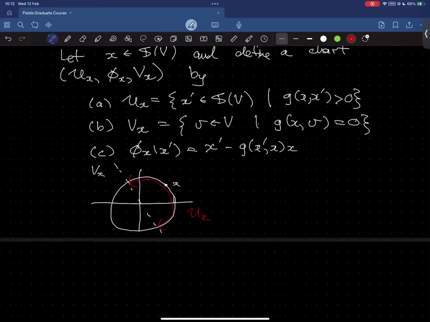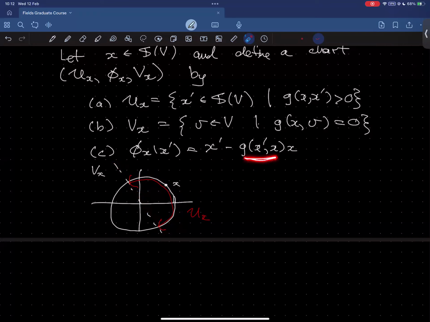All right. Now what's phi? So if you think about this for a second, what are we doing? So we have a point x prime. Okay, so x prime is going to be a point in UX, right? It's going to be a point in this segment of the sphere thing on this side of the plane Vx. So first, what's this?